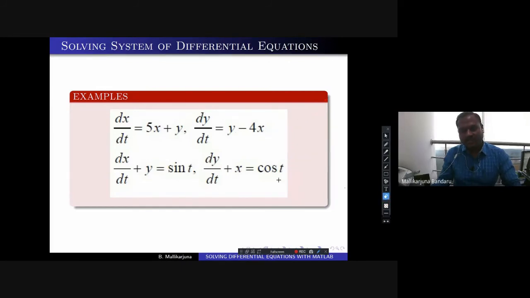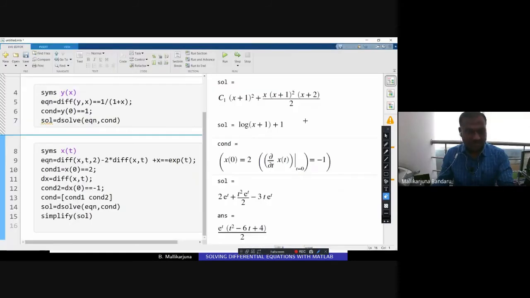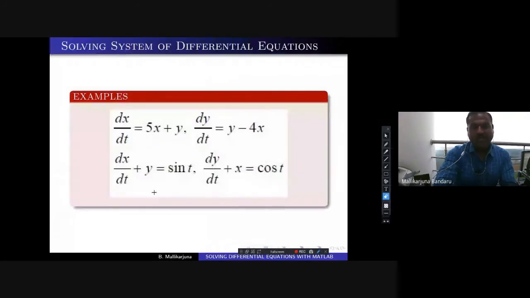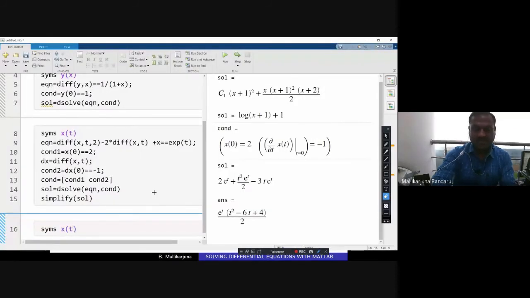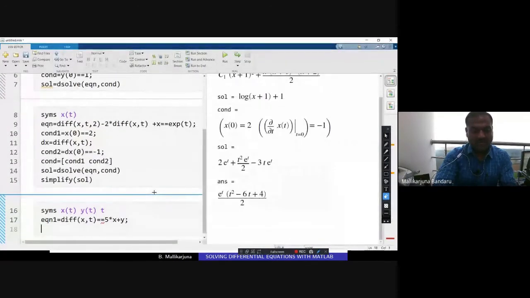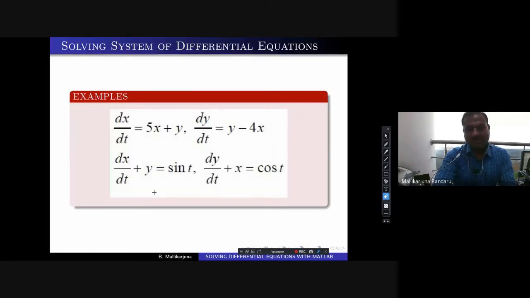Let us do the first one. syms: how many dependent variables are there? x and y both, and the independent variable is t. So x of t, y of t and t are the symbols. Equation 1 is the differentiation of x with respect to t equal to 5x plus y, and equation 2 is the differentiation of y with respect to t equal to y minus 4x.